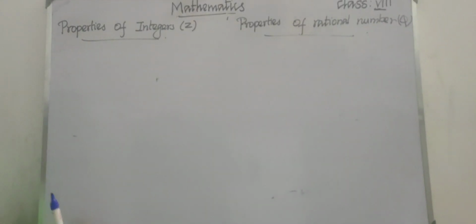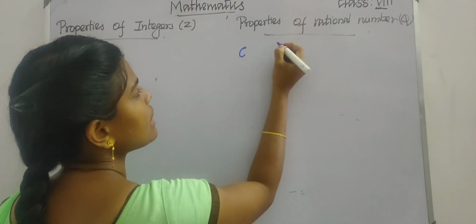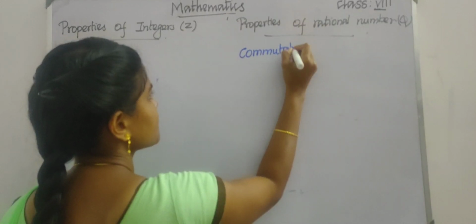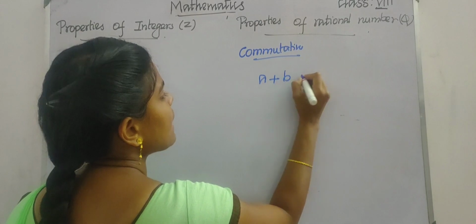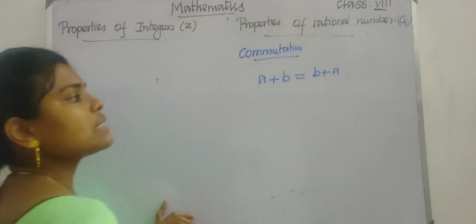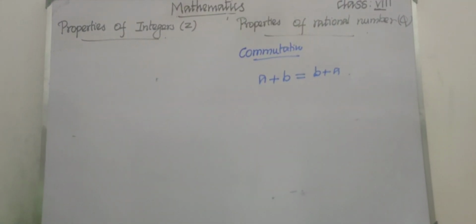Commutative property means, simply, if it is addition of rational numbers, addition means a plus b equal to b plus a. If you are changing the order of the rational numbers, the answer will never change. So that is called commutative property.